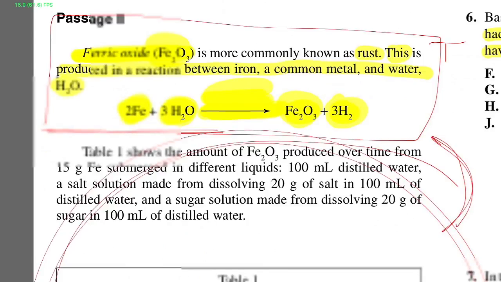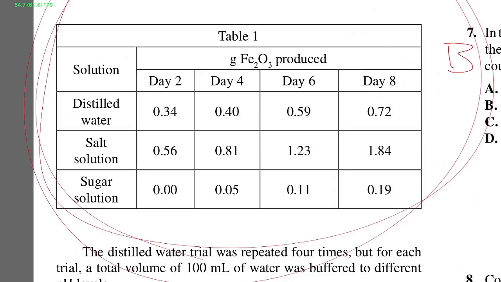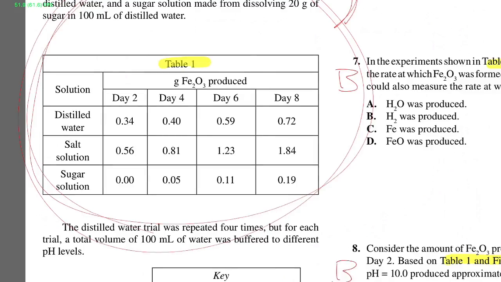Okay, so here's table 1. Ding, ding, ding. Here's salt solution. And I can see they don't have a day 9. They do have day 2, day 4, day 6, day 8. So I'm basically looking at what happens to the amount of rust that is produced over time.